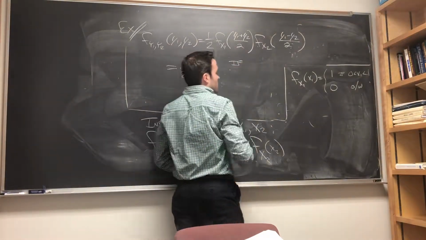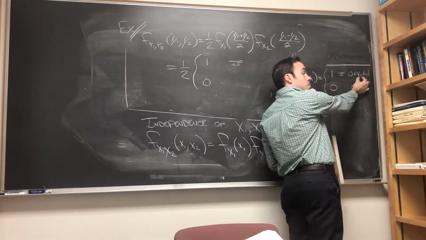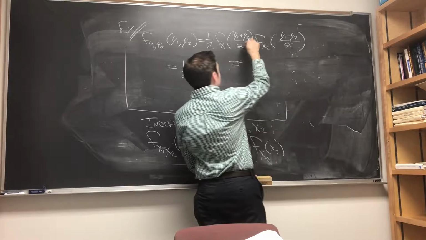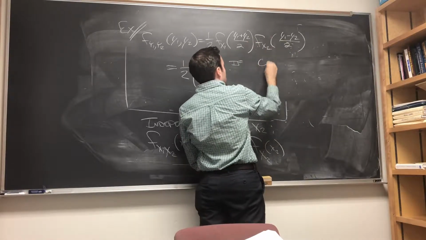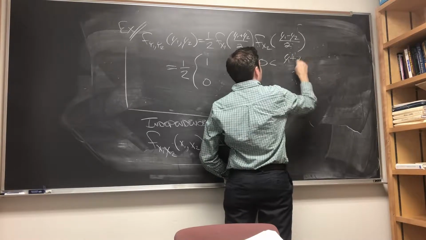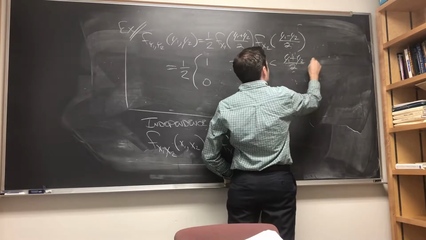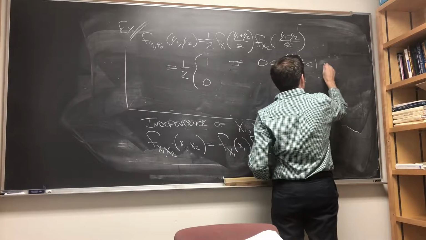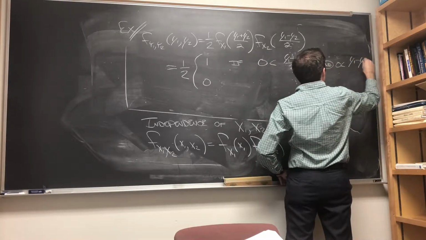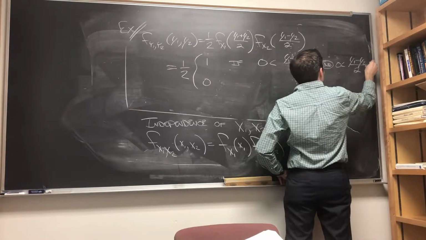The input for both has to be between 0 and 1. The inputs we just need to translate are these. So if 0 is less than y1 plus y2 over 2 is less than 1, and 0 is less than y1 minus y2 over 2 is less than 1.